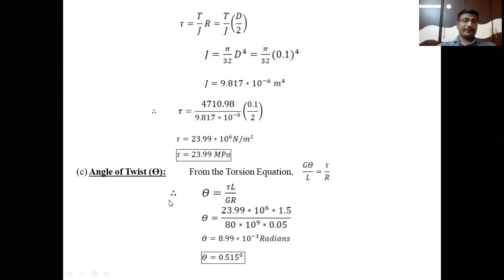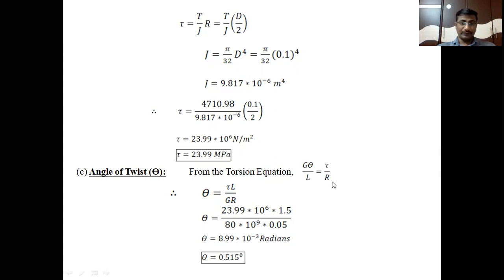Okay. Third bit is the angle of twist, theta. Again, from the same torsion equation, G theta by L equals tau by R. The last two parameters I am taking from the torsion equation.